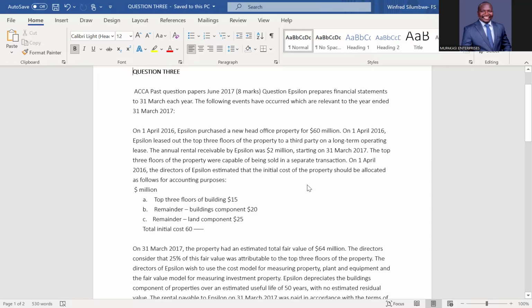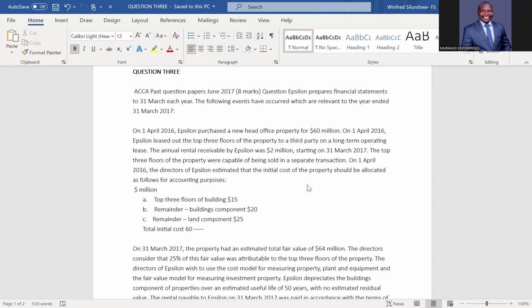Great. This is a question from SCCA, past question paper June 2017. It was carrying 8 marks. The question is, Epsilon prepares financial statements to 31st March each year. The following events have occurred which are relevant to the year ended 31st March 2017.